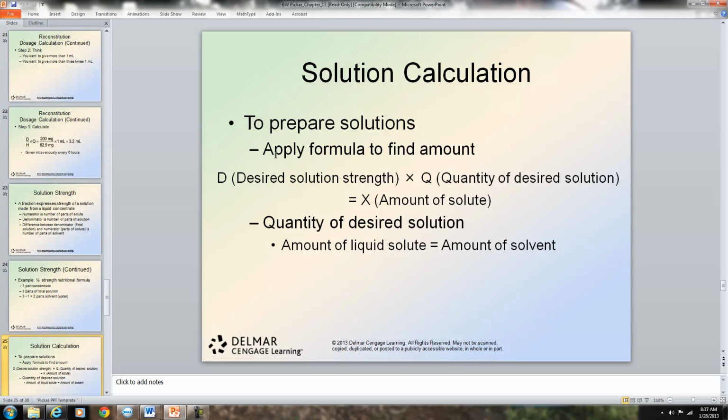To prepare solutions, apply formulas to find the amount: the desired strength times the desired solution equals the amount of solute. The quantity of desired solution has the solute plus the solvent.